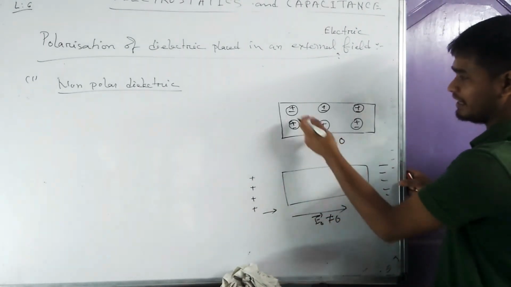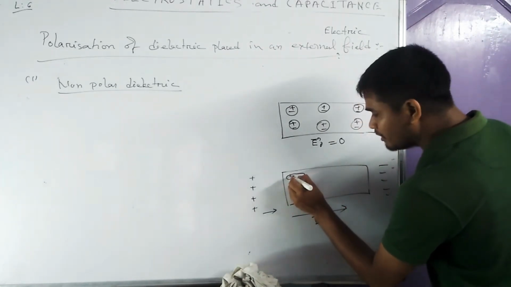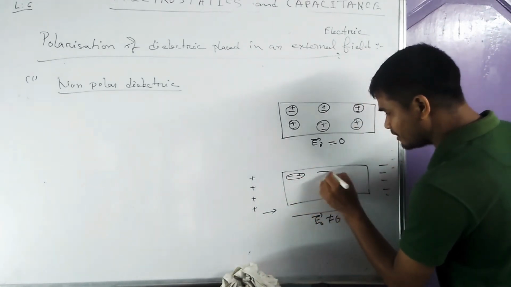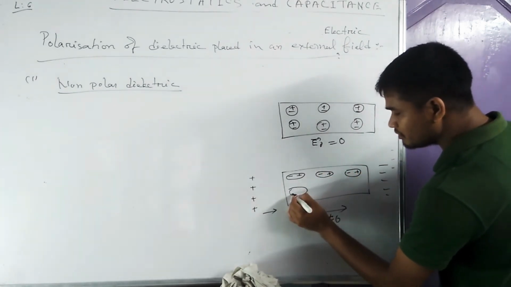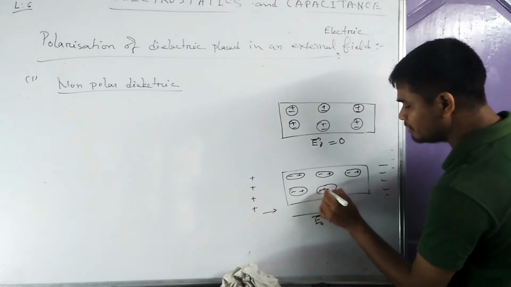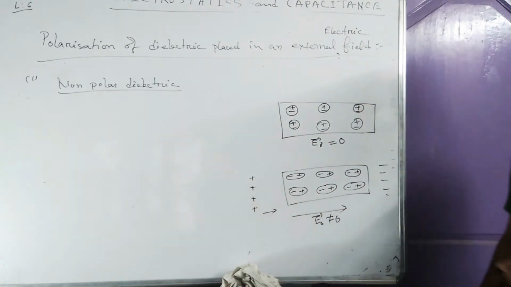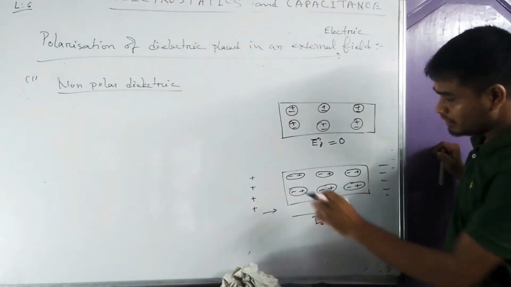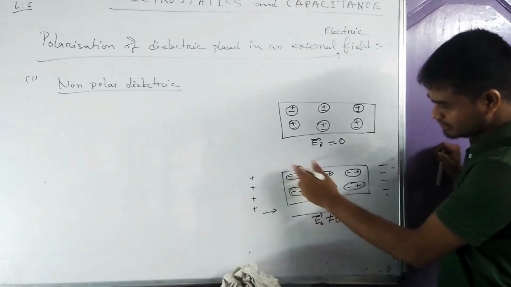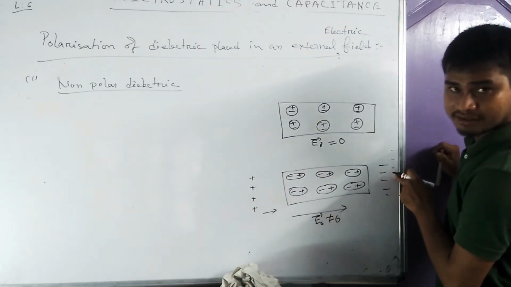When the applied electric field acts on this dielectric, the polarization occurs. The plus is repelled by this electric field and attracted by the minus charges.